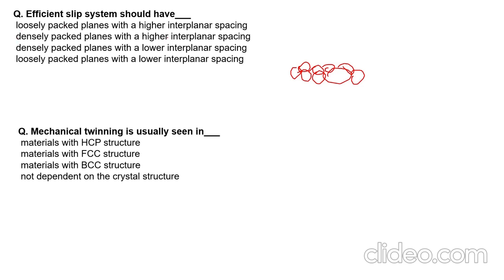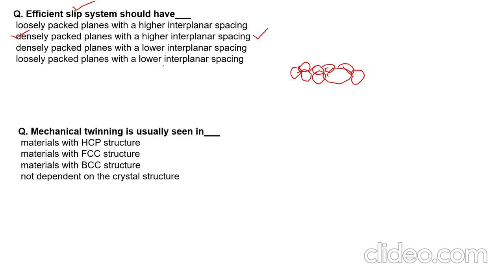Then we have to see what the interplanar spacing is. With respect to interplanar spacing, we should have a higher interplanar spacing for an efficient slip system. So option B is right: the atomic arrangement should be closely packed. Second, the interplanar spacing, which is nothing but the distance between two planes, should be high.